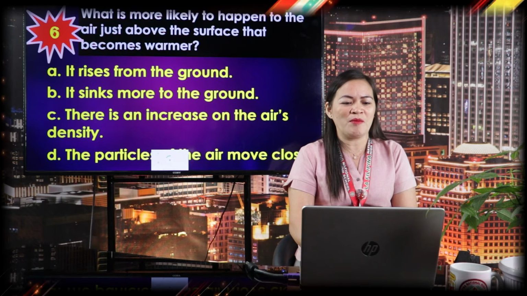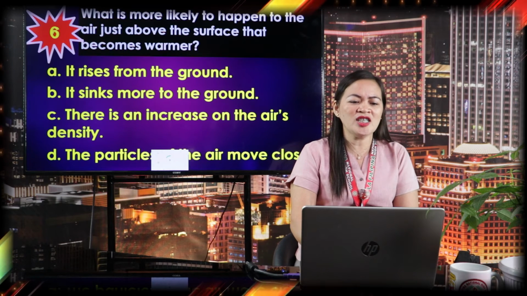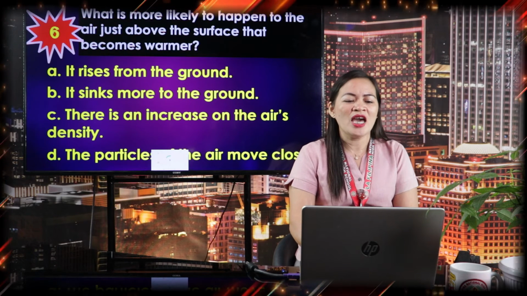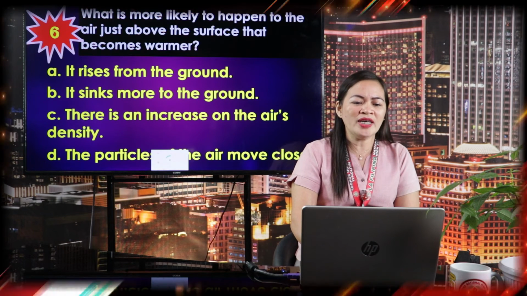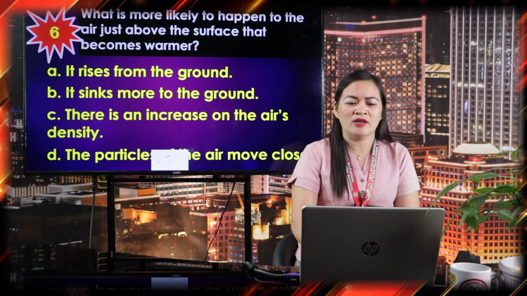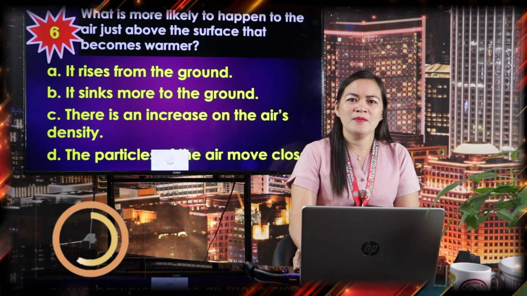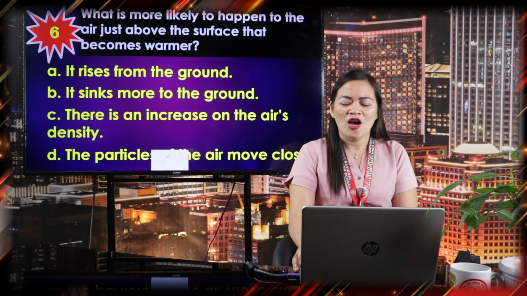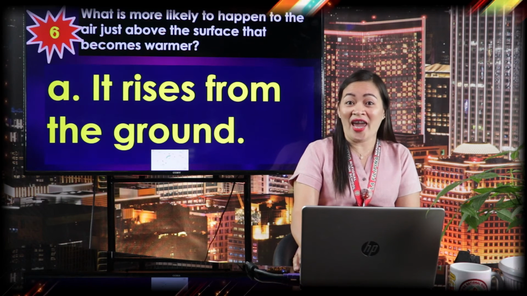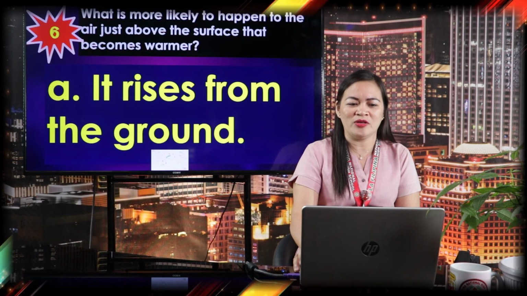A. It rises from the ground. B. It sinks more to the ground. C. There is an increase of the air's density. And D. The particles of air move closer. Okay, the answer is letter A. It rises from the ground.